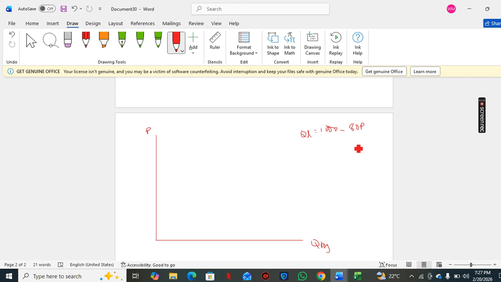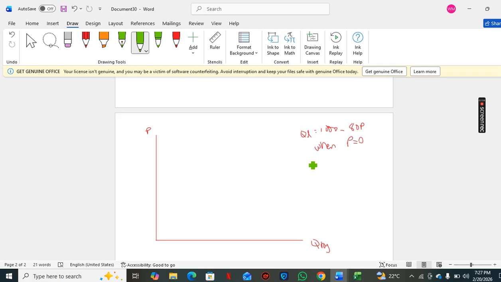If we want to plot this, instead of making a table and taking long to plot it, all you do is this. Just say, when P equals 0, what is your quantity demanded? So you substitute P equals 0 into your equation.